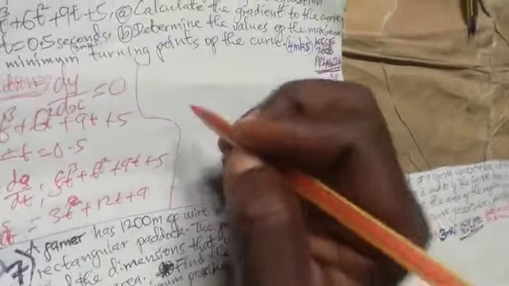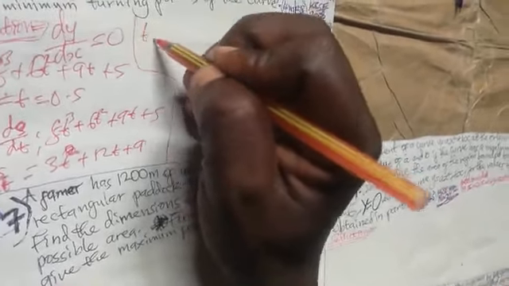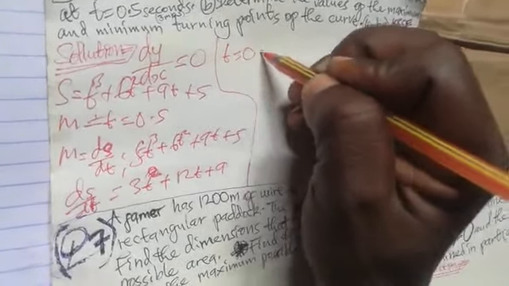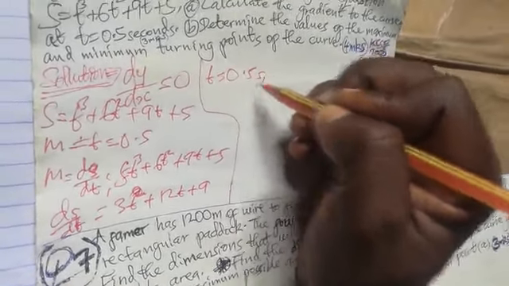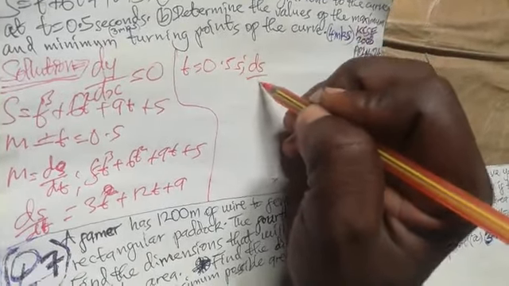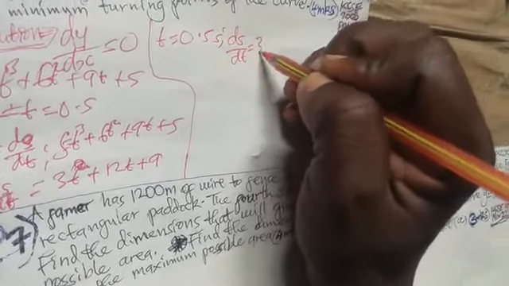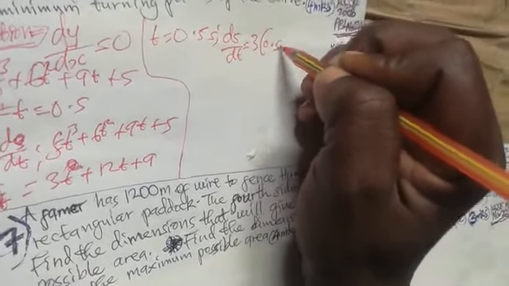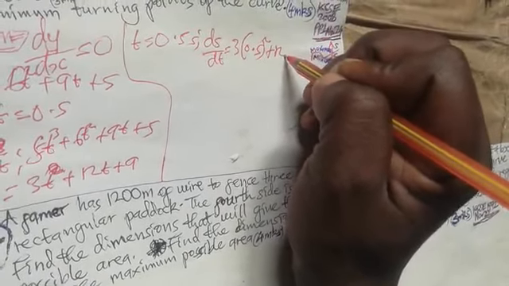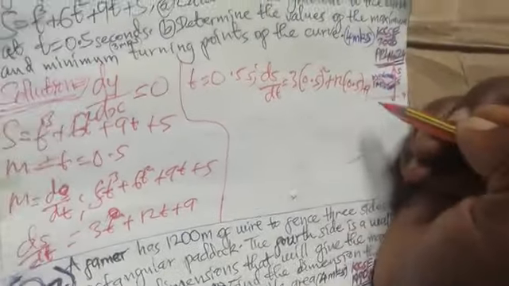Then we say t is the same as 0.5 seconds. Therefore, ds/dt is the same as 3(0.5)^2 + 12(0.5) + 9.